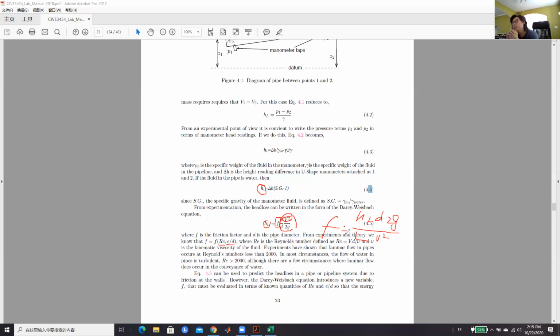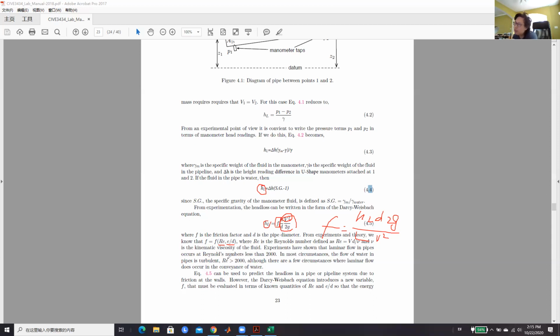Okay, so in the data set I give you guys, it could be 5 data or 10 data points for each pipe. So after the calculation, you will see which part is in the laminar flow.